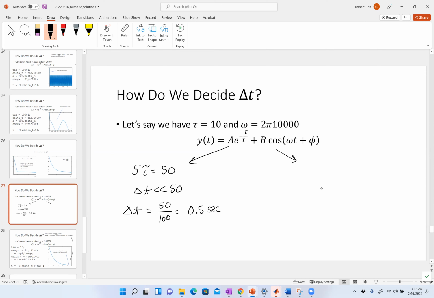All right, what about this one here? What's my period for this guy? What's one period here? 1 over 10,000, which is 10 to the minus 4 seconds. So if I want my delta t to be much, much less than a period, then I want my delta t to be at least T divided by 100, which is 10 to the minus 4 divided by 10 squared, which is 10 to the minus 6.